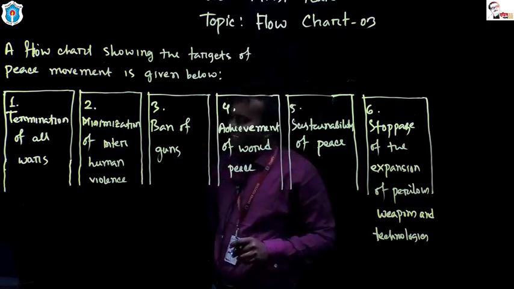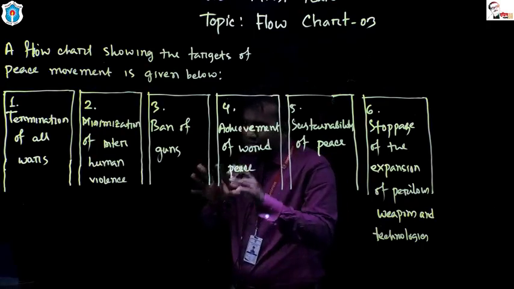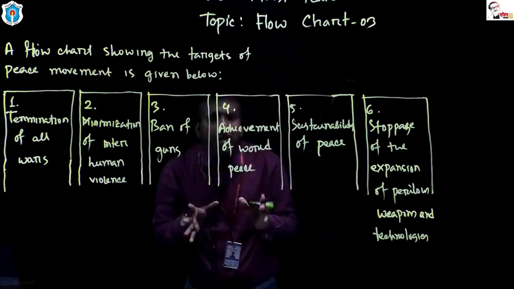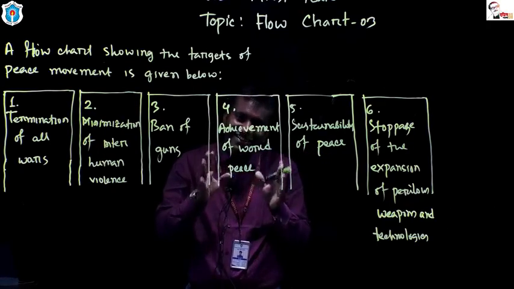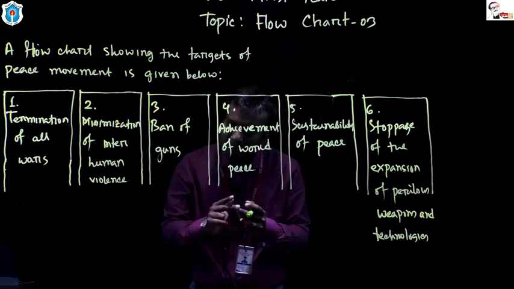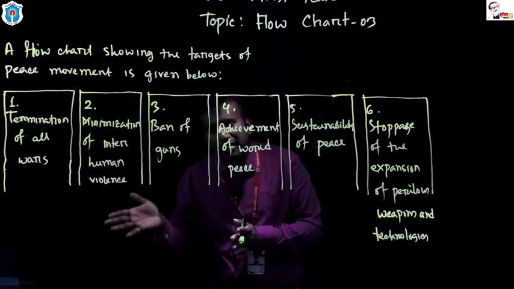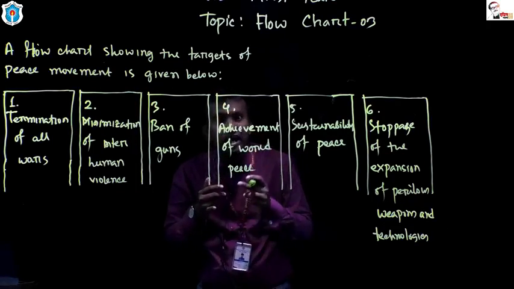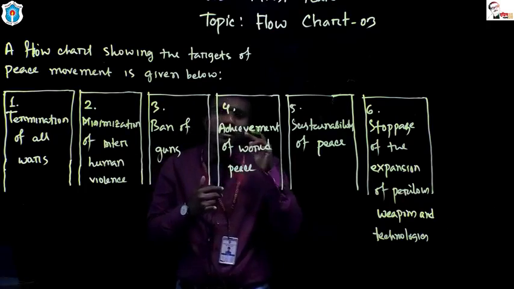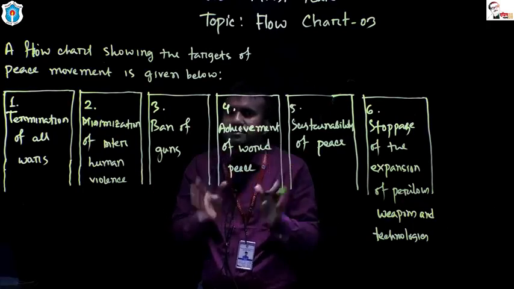There is another answer, but we will not use it, and the last answer is the seventh. Dear students, there are 7 targets or goals or aims or ideals or ends of peace movement in this passage. I have written the 6th answer.